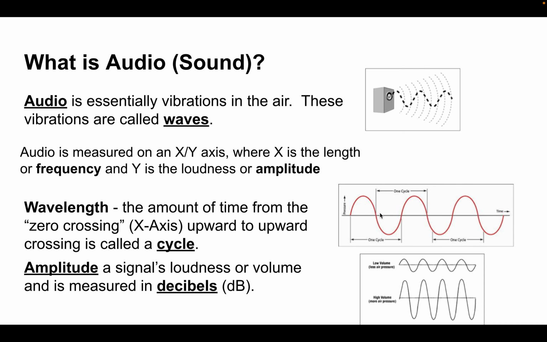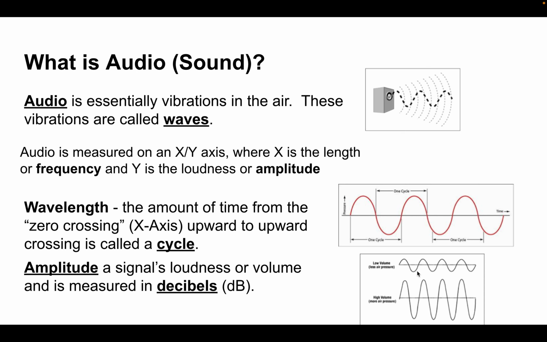This amount of time is called a cycle, and the more cycles there are over time, the higher the frequency. The longer the cycle, the lower the frequency. So low frequencies are longer wavelengths, and higher frequencies are shorter wavelengths or shorter cycles.